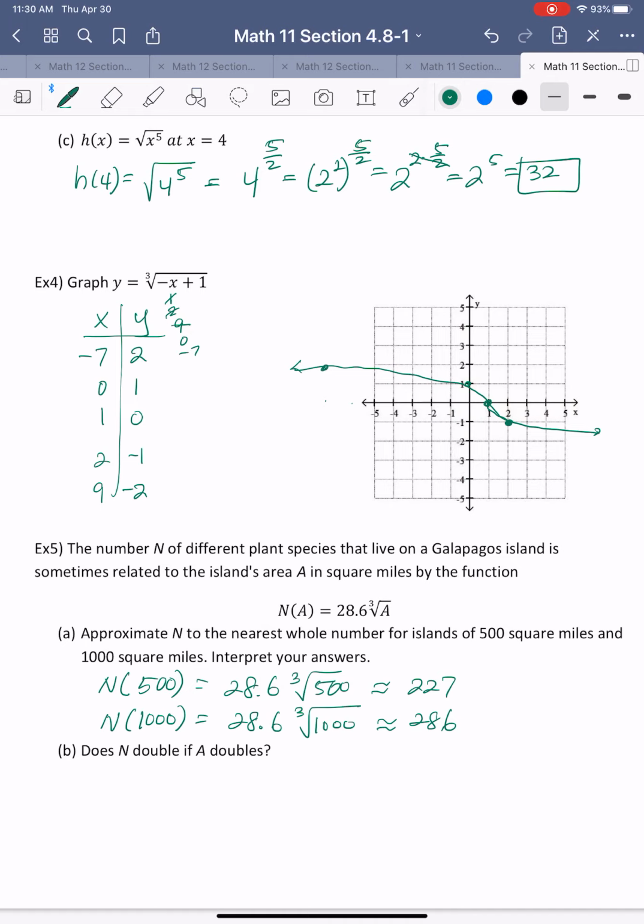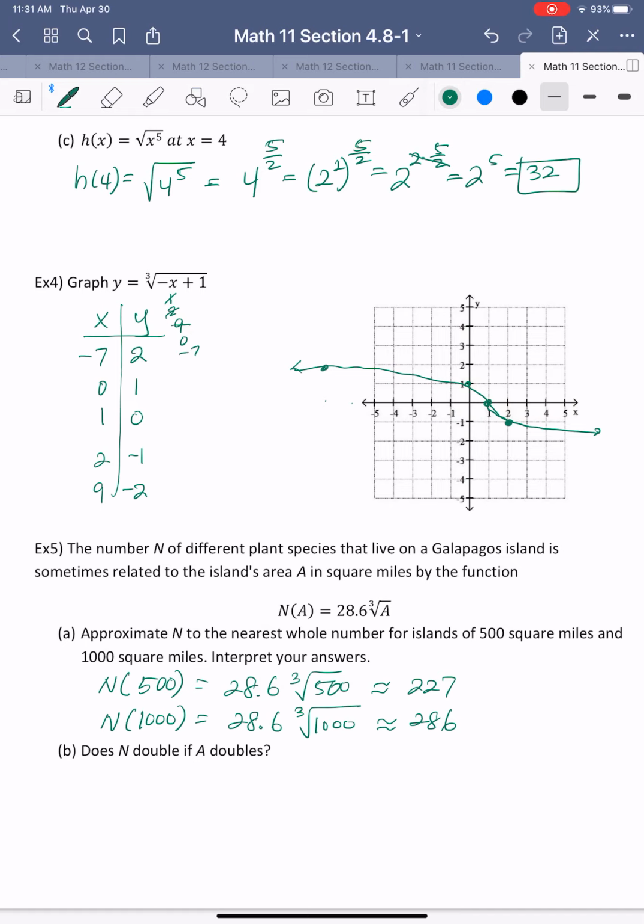So n is the number of different plant species on the island. So you get 227 different species and then 286 different species. But does n double if A doubles? Sorry, n is the number of different species, but A is the area.